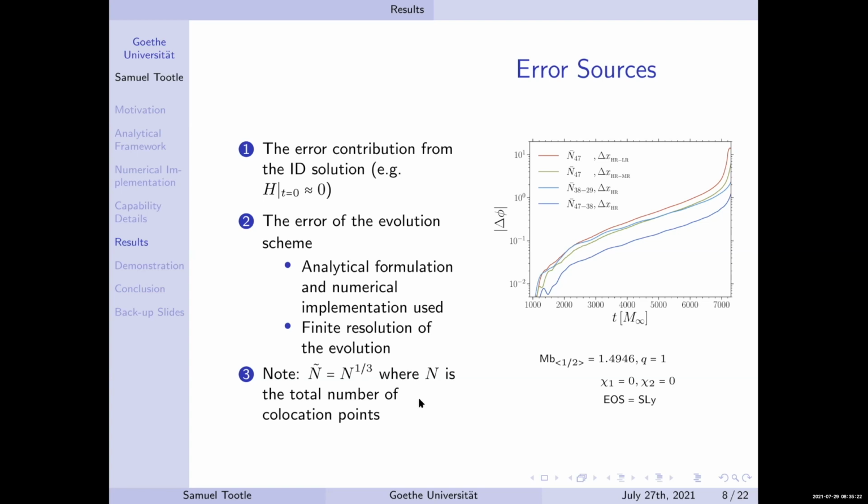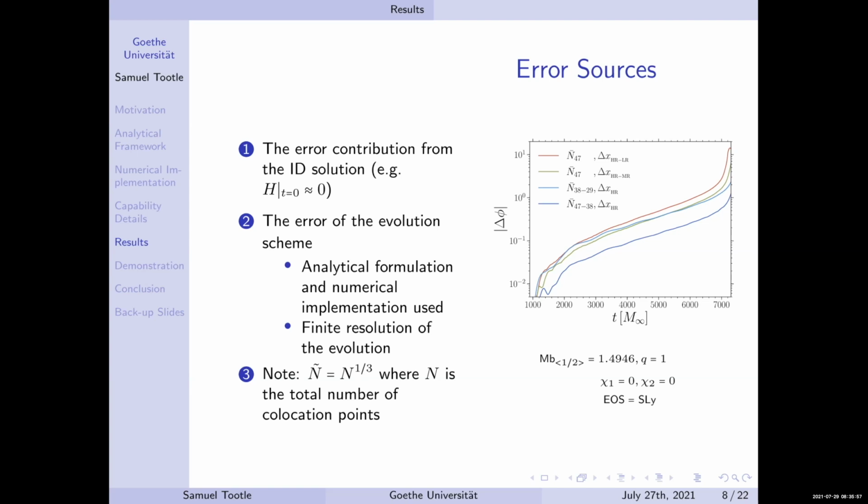Here n is the cube root of the total number of collocation points in the initial data scheme, and the delta x's are the differences in evolution resolution. You see here the N47 being the highest initial data resolution. The red and the green curves, the top two curves, are just the difference in evolution resolution, and the bottom two curves are a difference in purely initial data resolution at the highest evolution resolution.